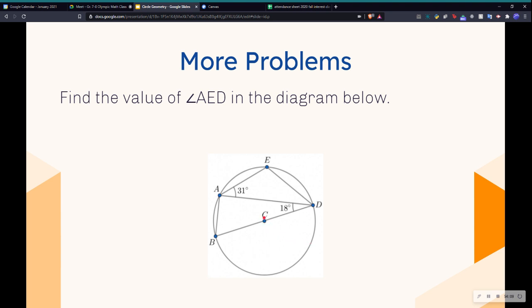Oh, forgot to mention that. So point C is the center of the circle, and then BD is the diameter.